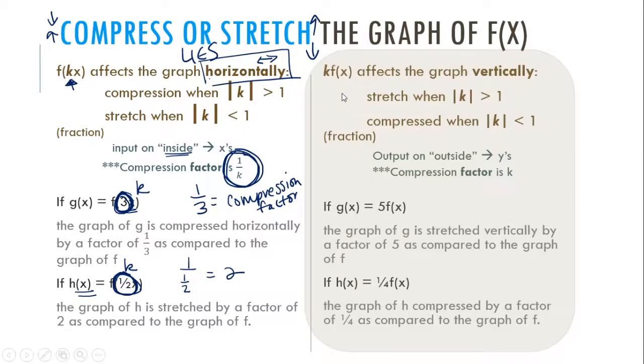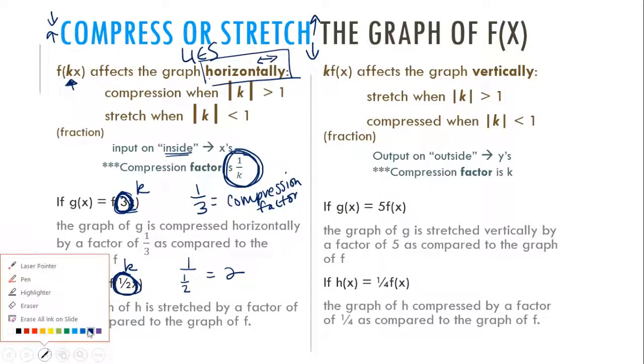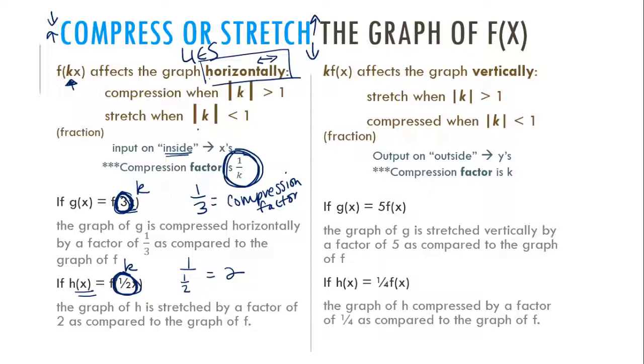So let's look at what happens when we have our graph vertically, and then I'll show you what it looks like when we graph it. So vertically, this is going to tell the truth. We don't have to change anything. And this time my k is out front of my function, so it affects the output or the outside of the function.